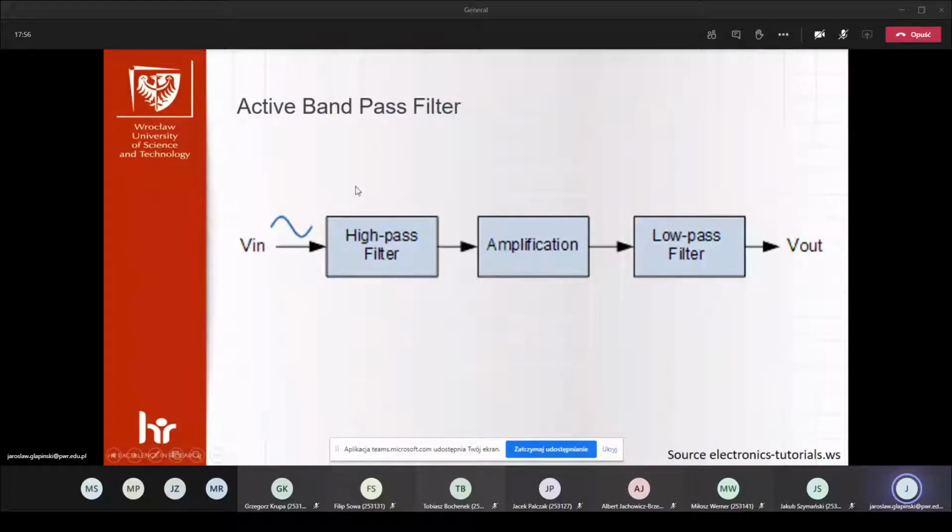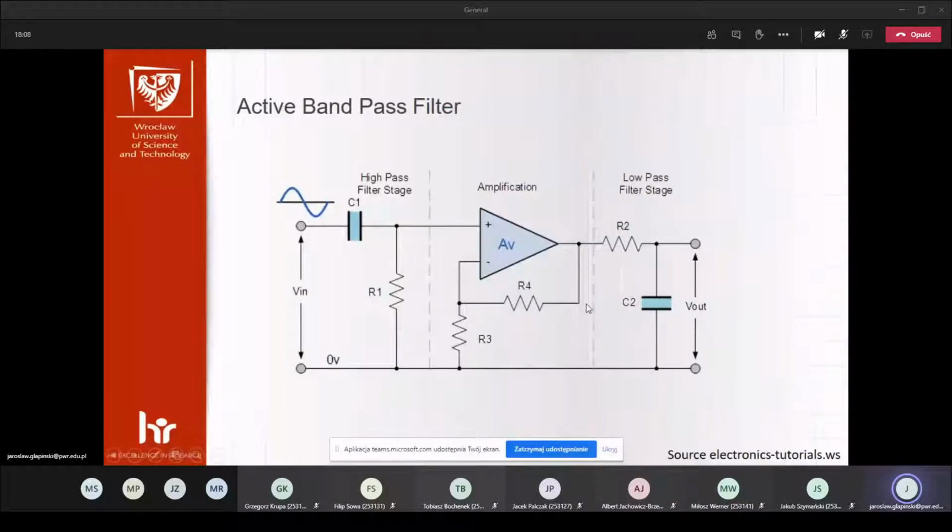If we use a high pass filter and a low pass filter in series, we first filter with the high pass and then the low pass. So you can see that we have the high pass filter here and the low pass here.